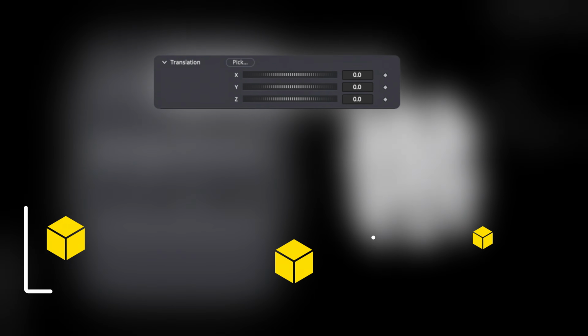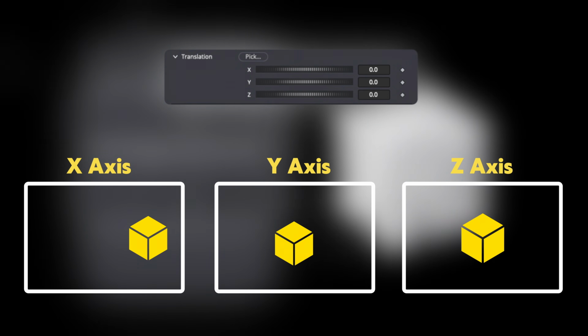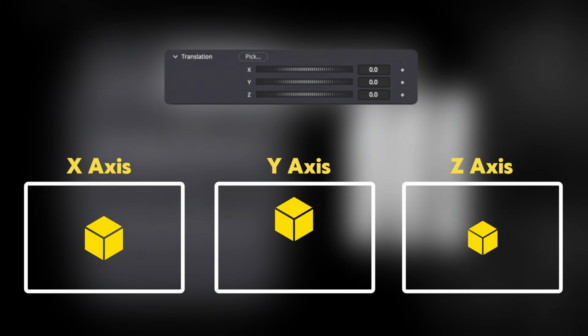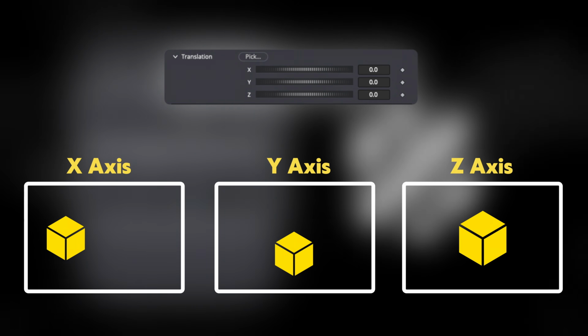Now, let's pause for a moment, because this part is extremely important. In 3D space, translation and rotation are the two controls you'll use the most. Translation lets you move an object horizontally, vertically, or in depth, which you can think of as zooming in and out of the scene. Rotation works the same way, but across all three dimensions.